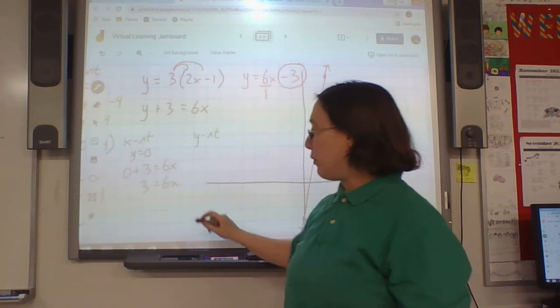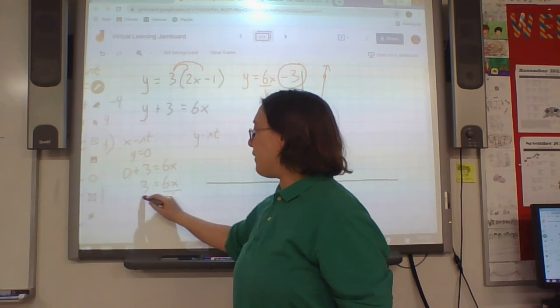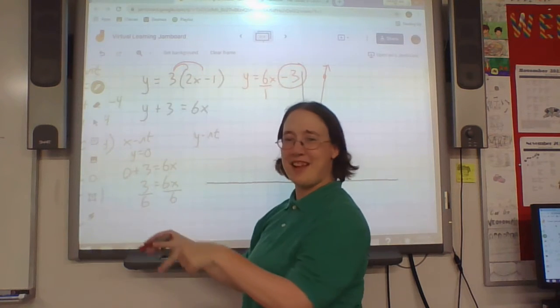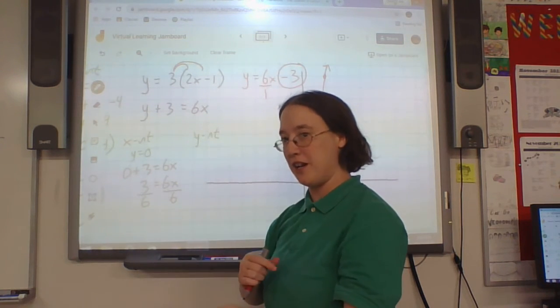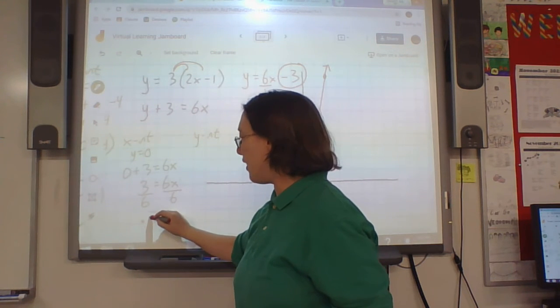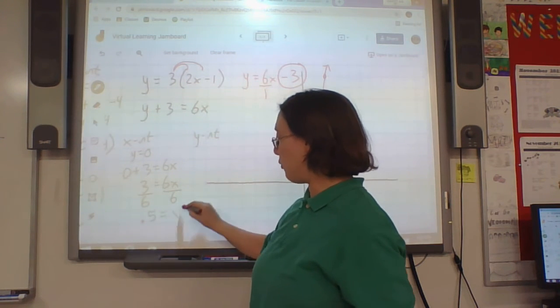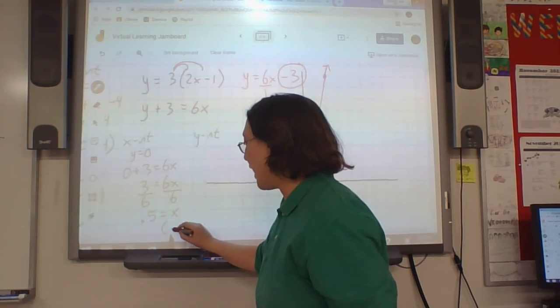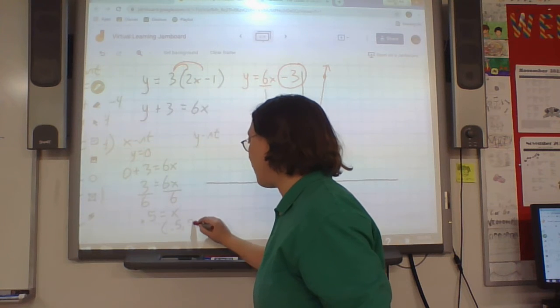And then if we want to get rid of that 6, we're dividing. And when you're dividing, watch out for which way you're dividing. This is 3 divided by 6, not 6 divided by 3. So we're taking 3 divided by 6, which gives you 0.5 or 1/2, depending on whether you like fractions or decimals. So that's a point on our x-axis at either 1/2 or 0.5, comma 0.